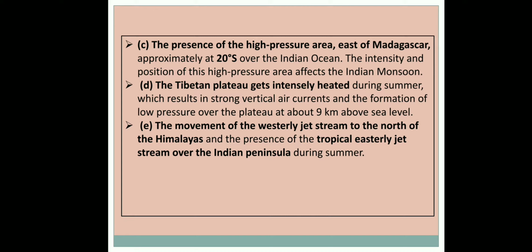The Tibetan plateau gets intensely heated during summer, which results in strong vertical air currents and the formation of low pressure over the plateau at about 9 km above sea level. The movement of the westerly jet stream to the north of the Himalayas and the presence of the tropical easterly jet stream over the Indian peninsula during the summer also affects the monsoon.